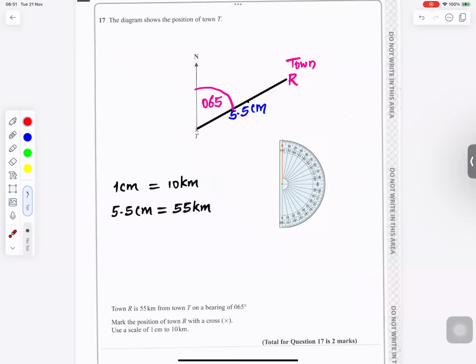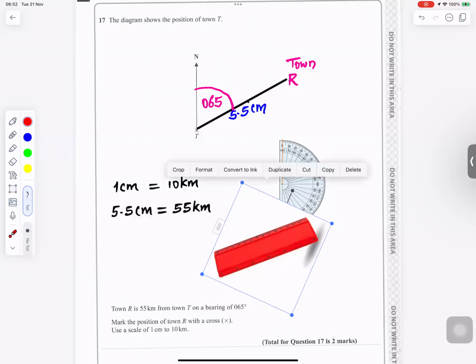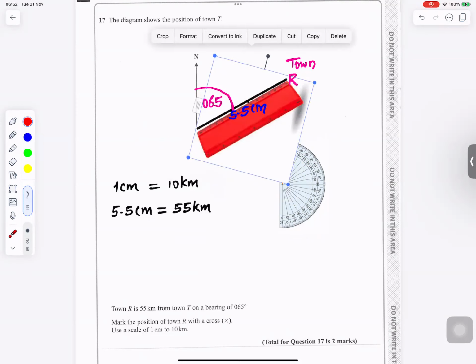And then use a ruler to measure 5.5 centimeters, and you mark the town as R. So you will take a ruler and put it there, and you would measure 5.5 centimeters.